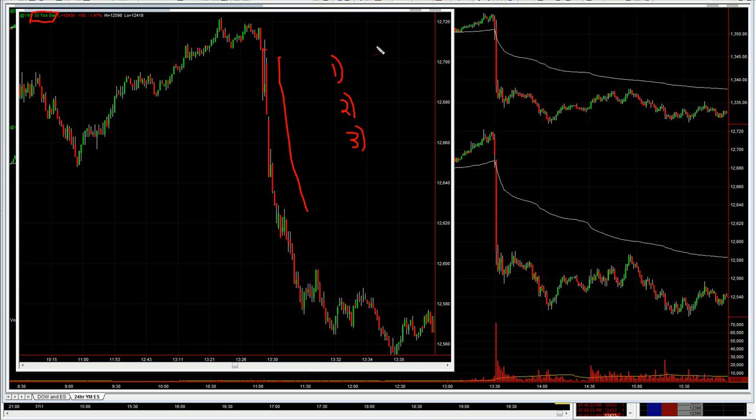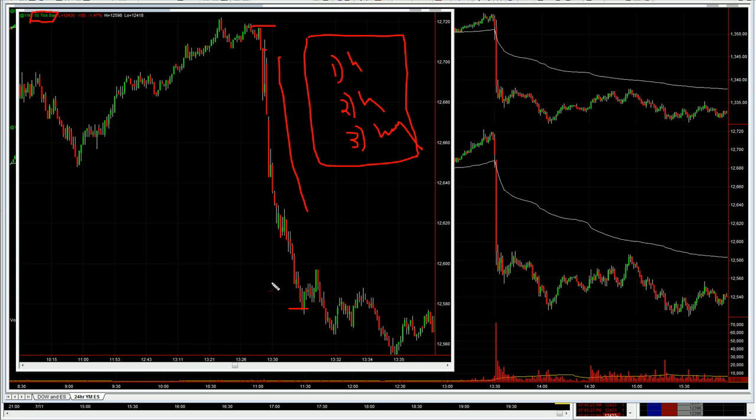The first is a very shallow pullback, so the drive, very shallow pullback in. Second is a slightly longer pullback and in, and third is a deeper cycle, and that may take a while. You can set yourself up as you like, but that's the way I set myself up when I see this action, which is a reprice.